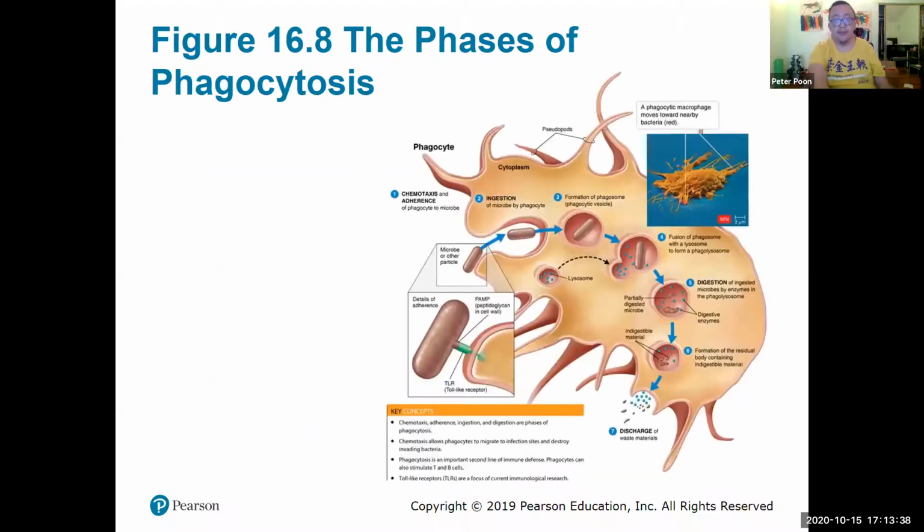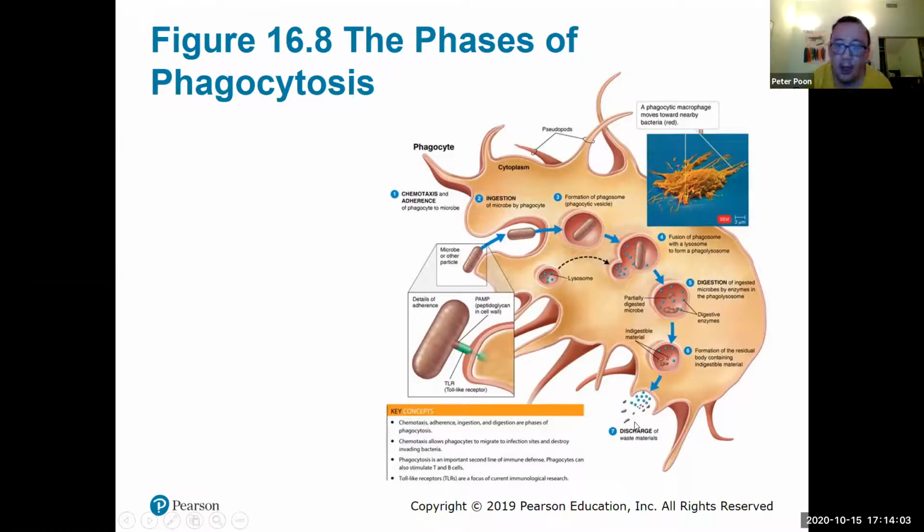So here, adherence, ingestion, the phagosome, the lysosome attached to the phagosome, which then causes the digestion of the components.